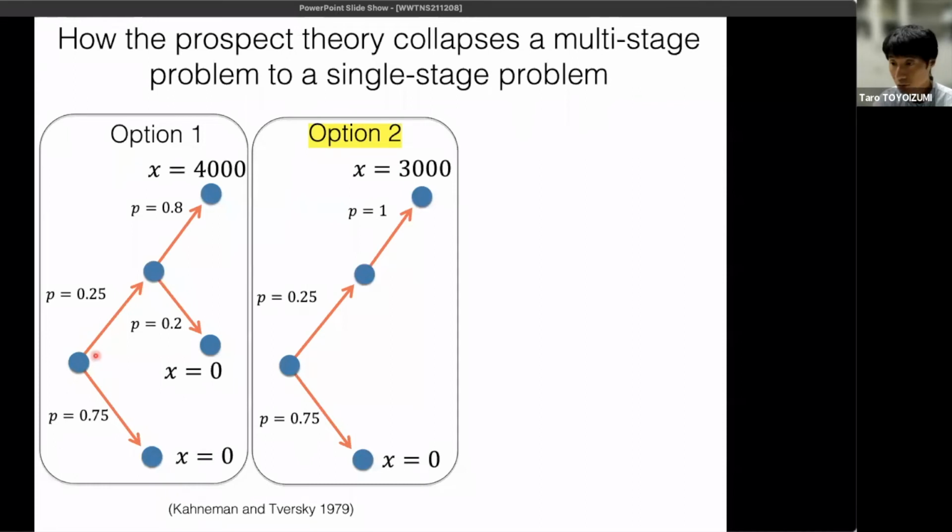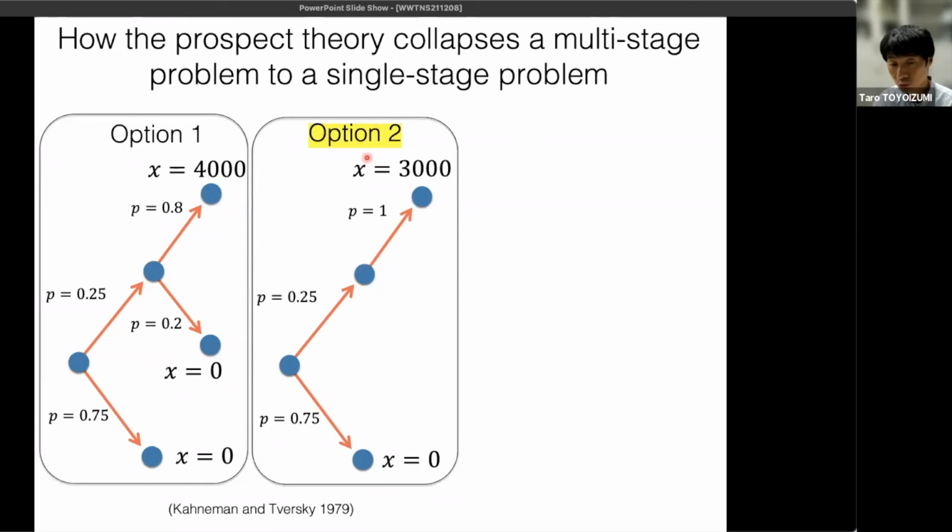For option 1, here's the starting point. With a 75% probability, you get nothing and the game ends. But with a 25% probability, you proceed to the second stage. At the second stage, you have an 80% chance of getting 4,000 or a 20% chance of getting nothing.